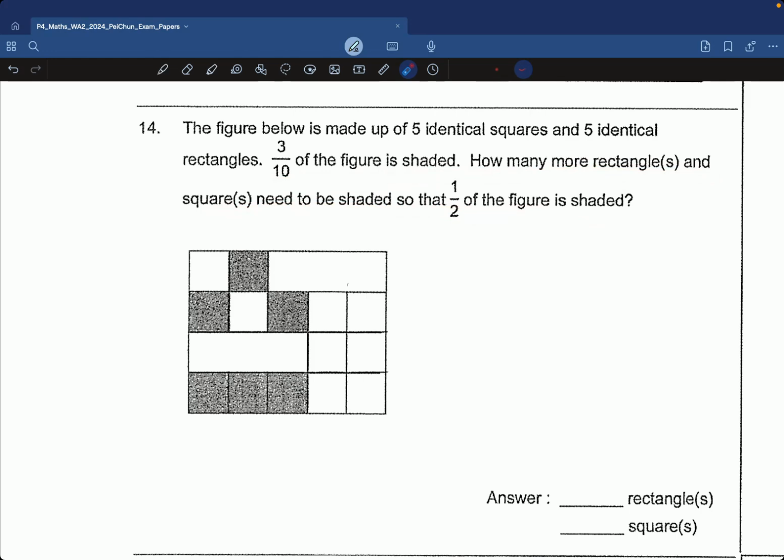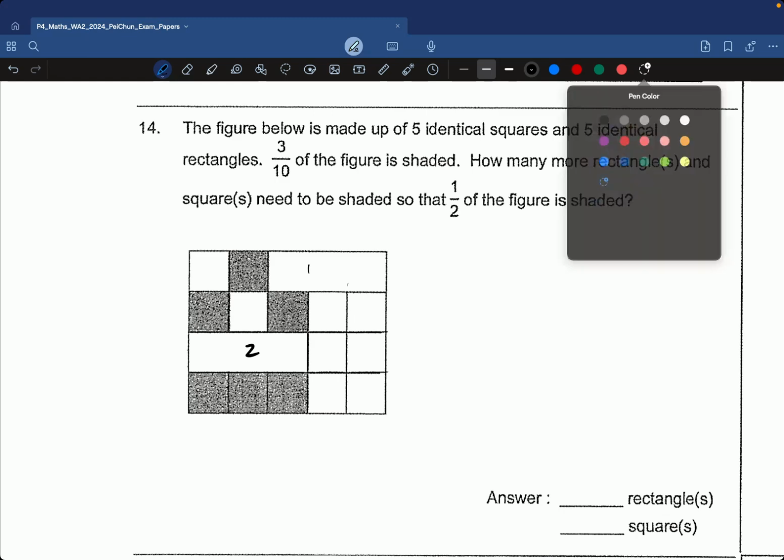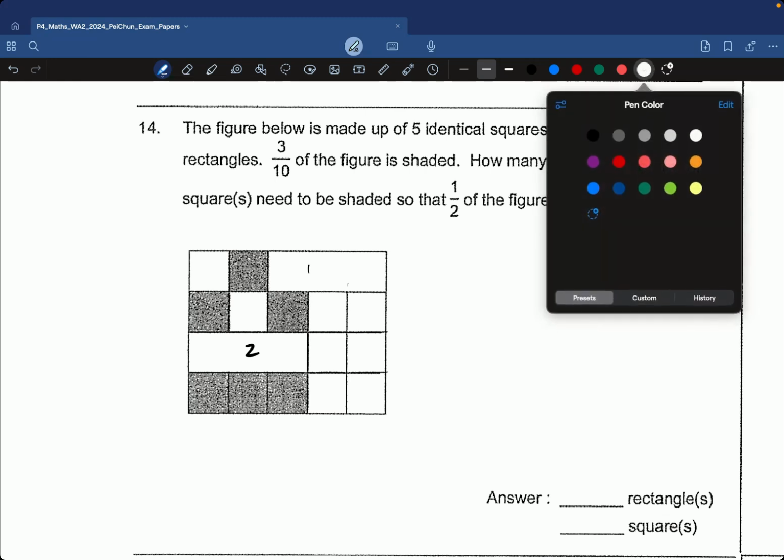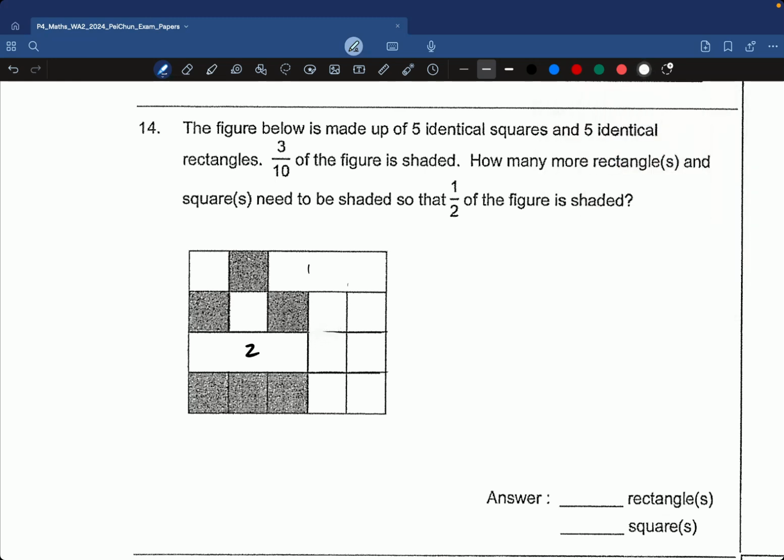So in this case, to be honest, we have 1, 2 rectangles. Are there 5 rectangles here? Oh, I think somebody drew here. Okay, so actually, let me add a white one. So this is actually also a rectangle. So somebody drew it here.